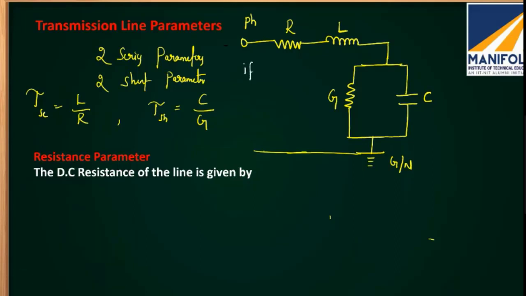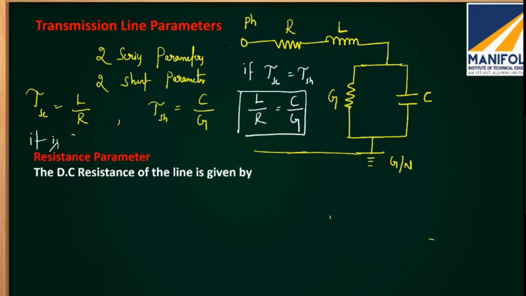If the series time constant of a transmission line is equal to the shunt time constant, that is, if L by R of a transmission line is equal to C by G, then it is called a distortionless transmission line.